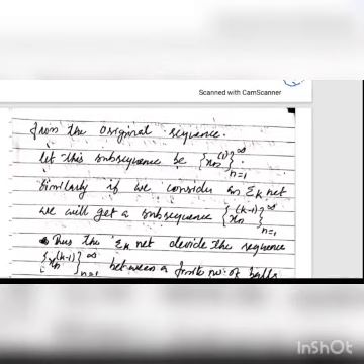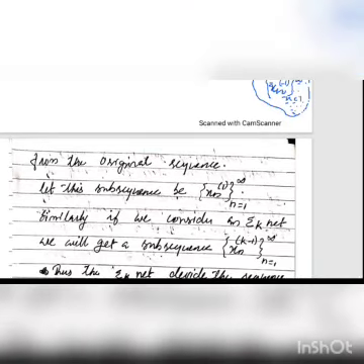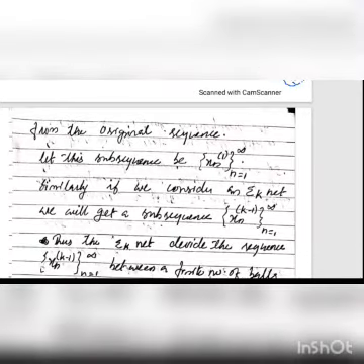of the original sequence. Now let this subsequence be xn, so whatever is coming here, you are denoting as xn 1, from n equal to 1 to infinity. Similarly, if we consider an epsilon k net, we will get a subsequence.